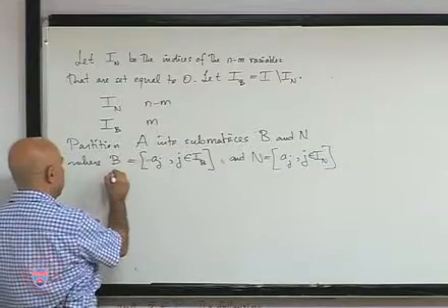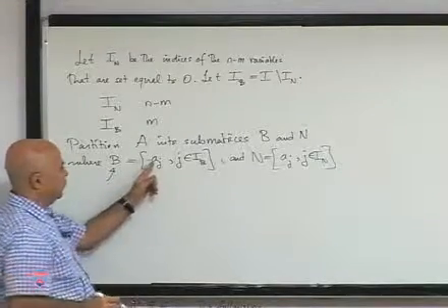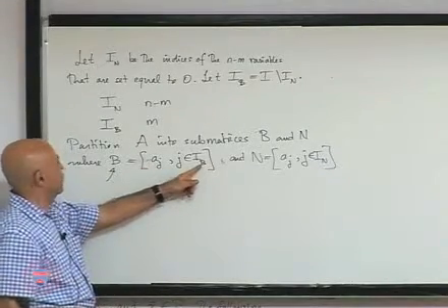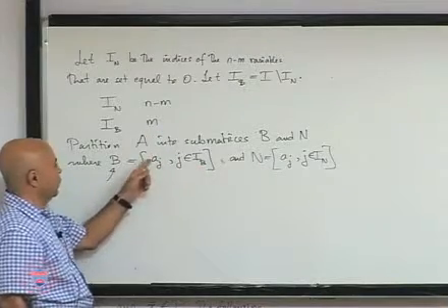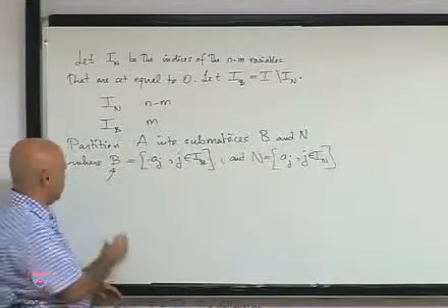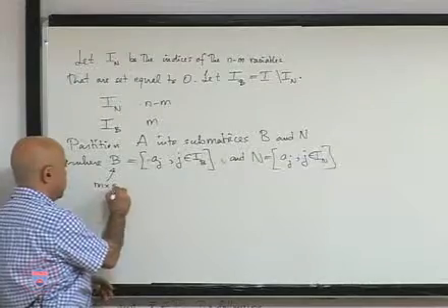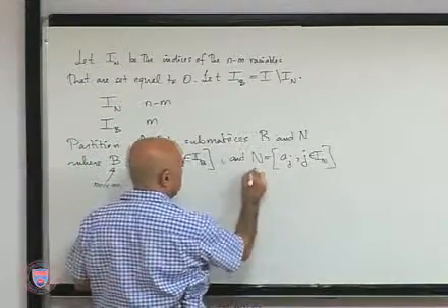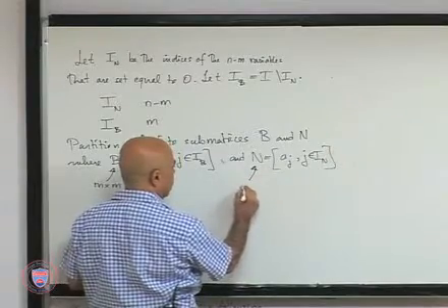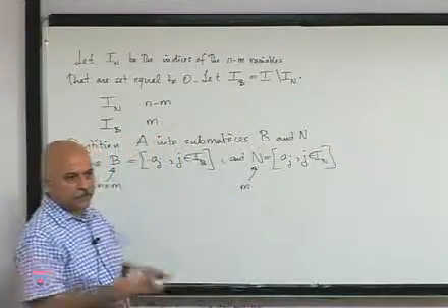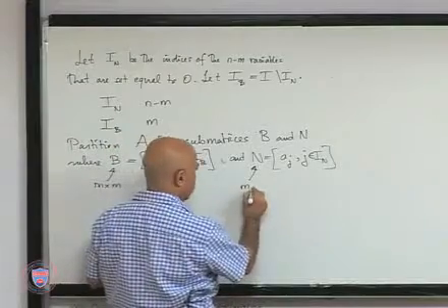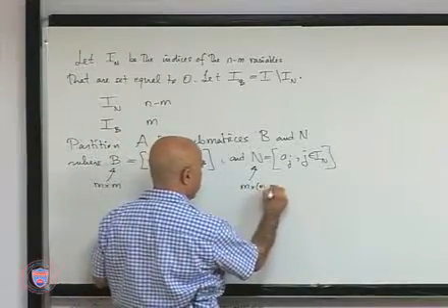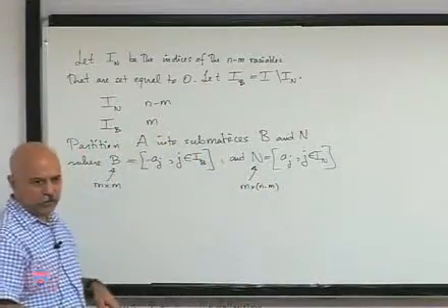So what is the size of B? You've got how many elements in I sub B? M. So you've got m rows, the rank is m, so this is m by m. It's a square matrix. This part has, again, m rows, but the number of columns is n minus m. That's the way we partitioned.